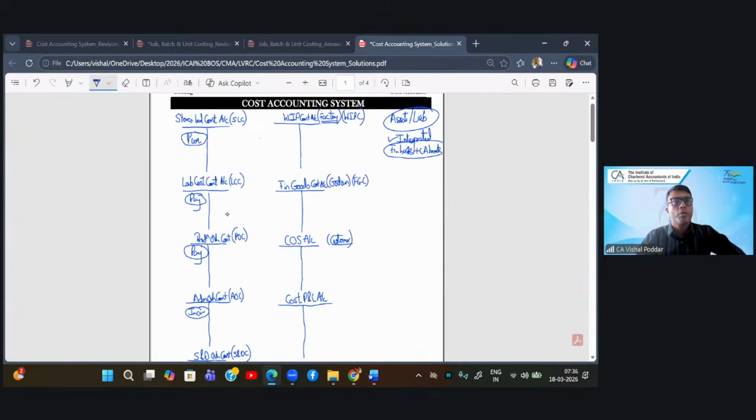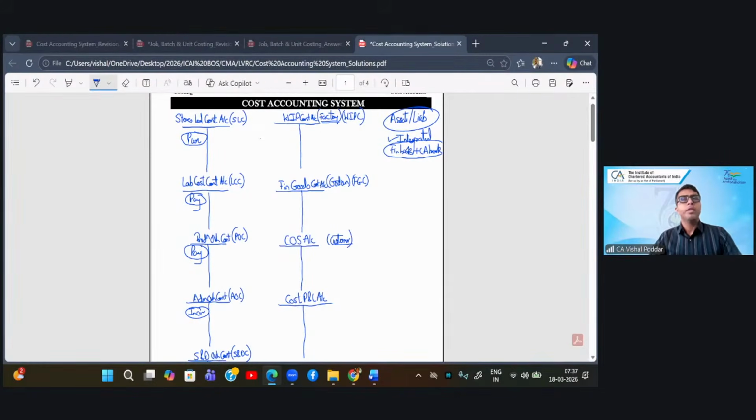So your cost accounting data will get exposed, which will be very risky, because for any business, costing is very sensitive information. So they do not want their cost data to go outside. That is why practically integrated systems are not generally followed. However, for academic purposes, we should know, that is why we are studying that.